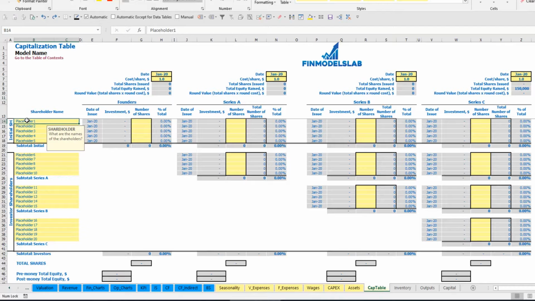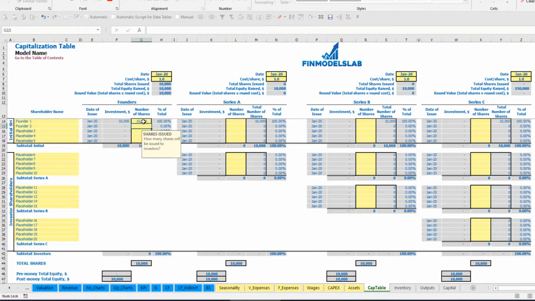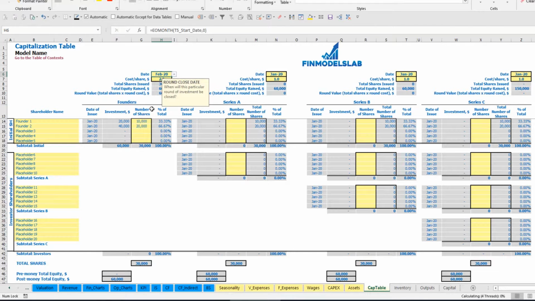Let's pretend that we have two founders, founder 1 and founder 2. The total amount of shares for founder 1 can be 10,000, for founder number 2, 20,000. Let's imagine that the cost of share will be $2 and the date of founding is February.